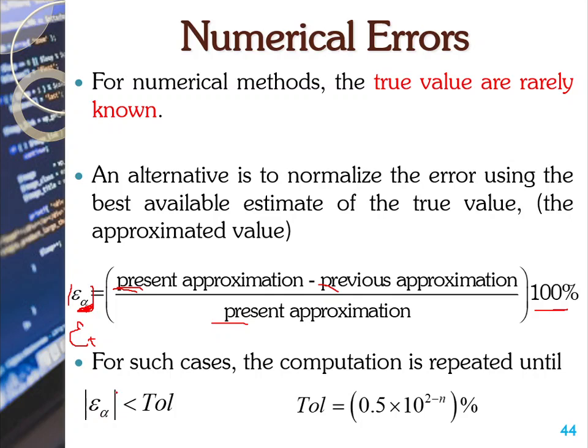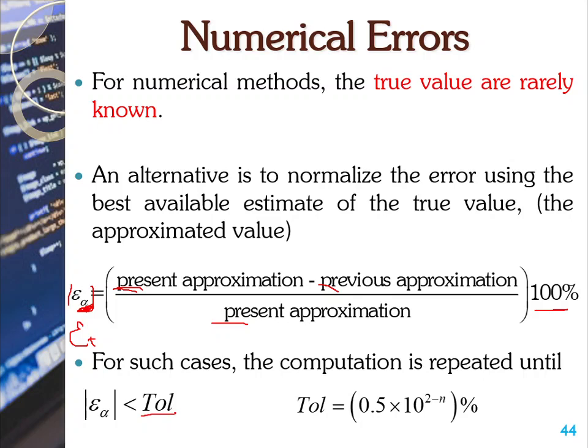Now, how do we get to know whether the error that we have obtained is acceptable? This is going to be based on what we call the tolerance, a margin which we are willing to accept. In practice, you as the engineer would have to base this on some subjective reasoning to come up with your tolerance.